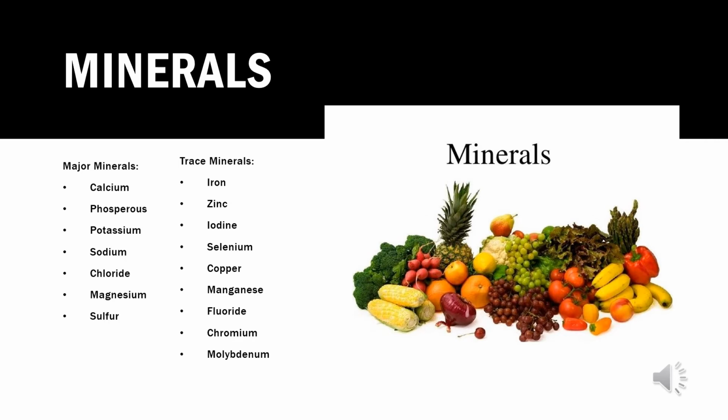So some of the other things I want to think about while we're on this slide. If you are lacking in these minerals, there are things that you can get. Iodine is on this list. If you buy salt, you know that we have iodized salt, right? That means that we have added iodine to the salt. People that don't get enough iodine in their diet can develop what's called a goiter.